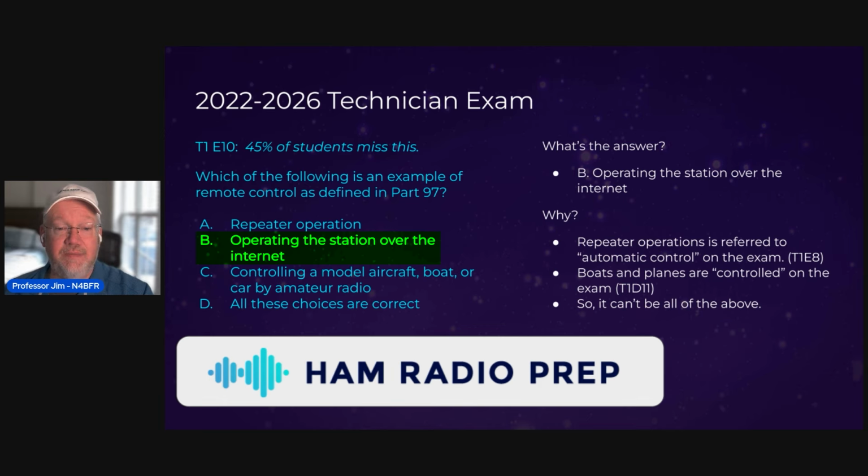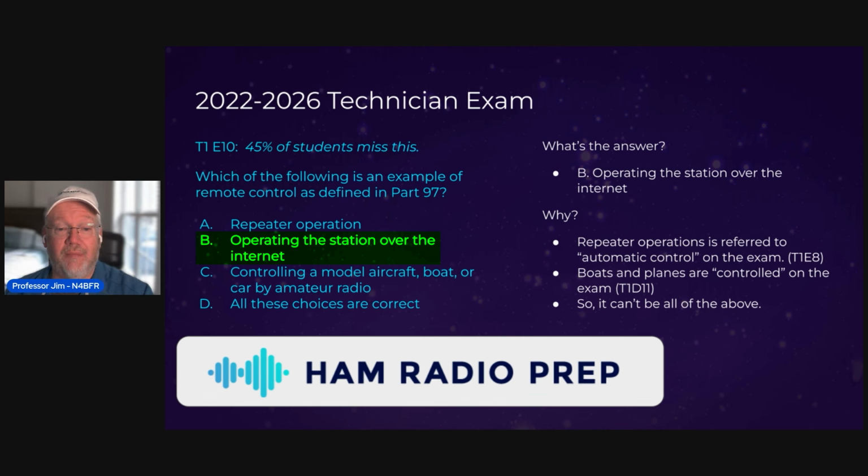And why is it B and not all of the above? Because all of the above can typically be related to operating a station remotely, right? A repeater manager could go in and manage the repeater controller remotely.